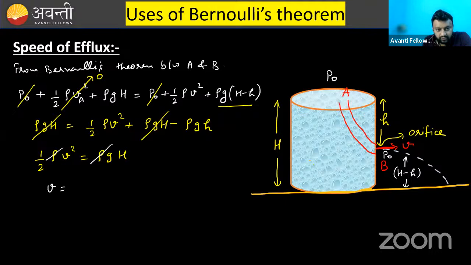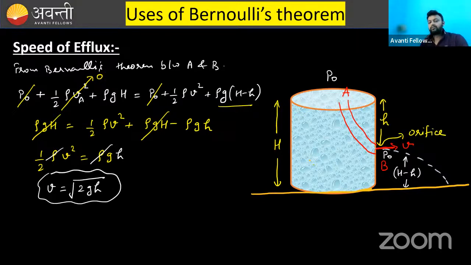So V is equal to, this 2 will go there, square root of 2gh. This is the velocity of liquid coming out of the orifice.